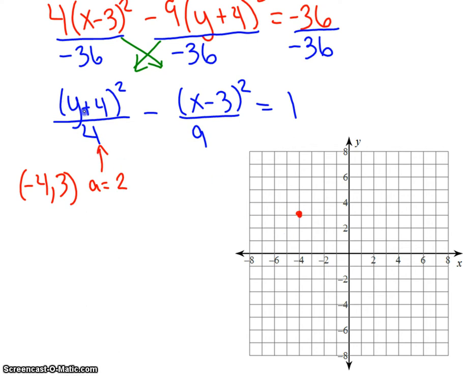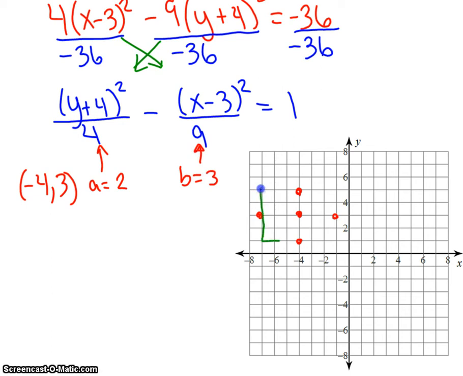And since it's under y, you're going to go up 2, down 2. Your B is 3. And you're going to go to the right 3 and to the left 3. Again, because B, or 3 in this case, is under your x, and x is always horizontal.